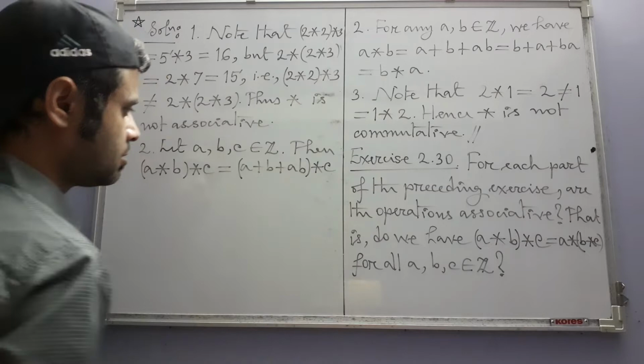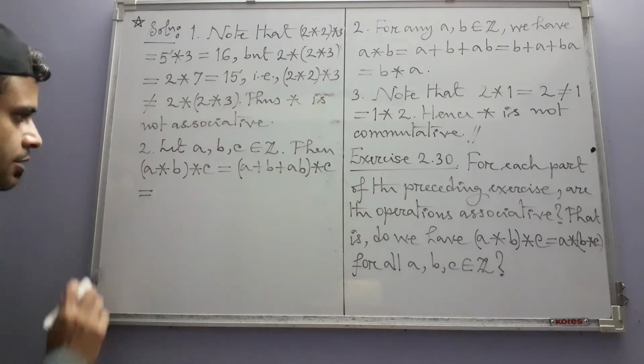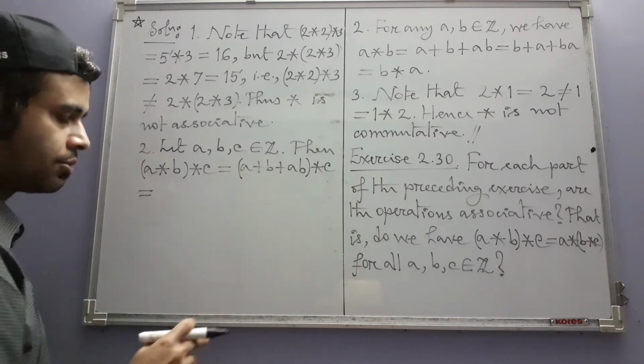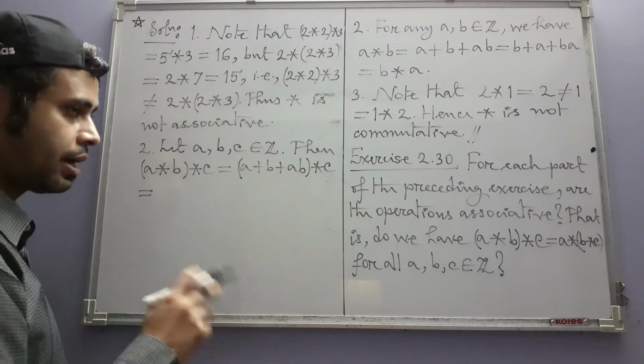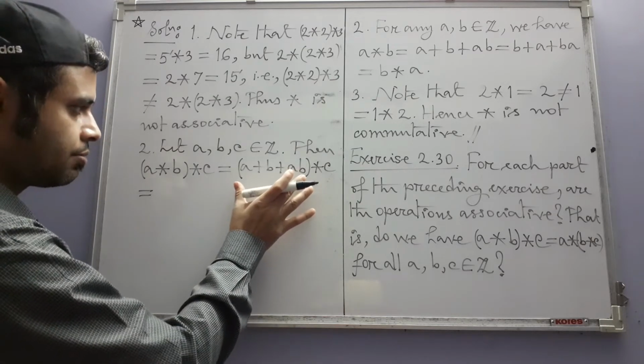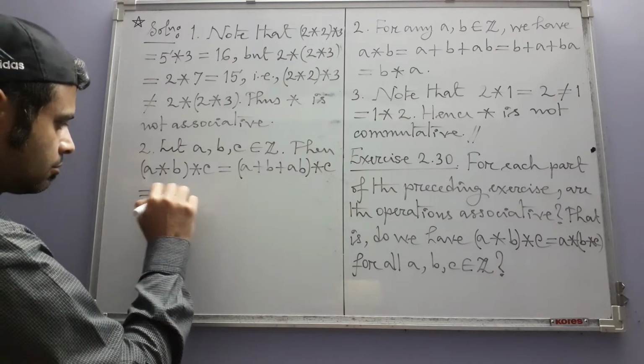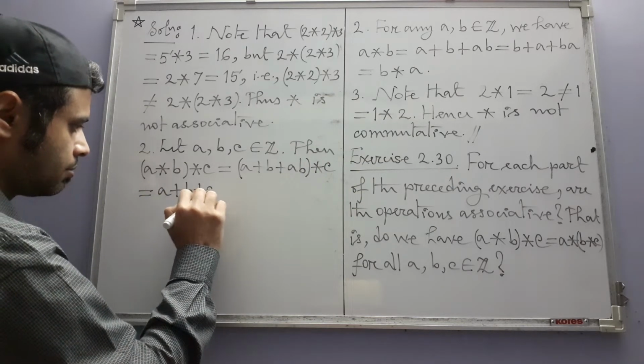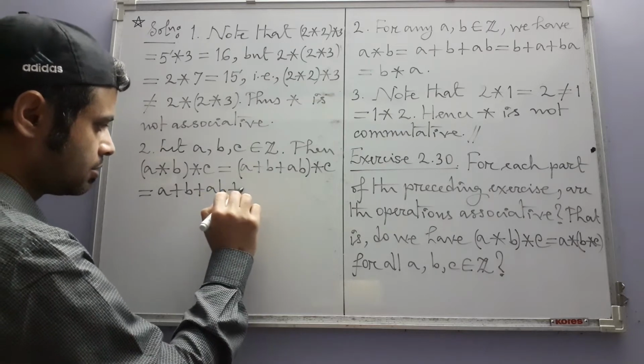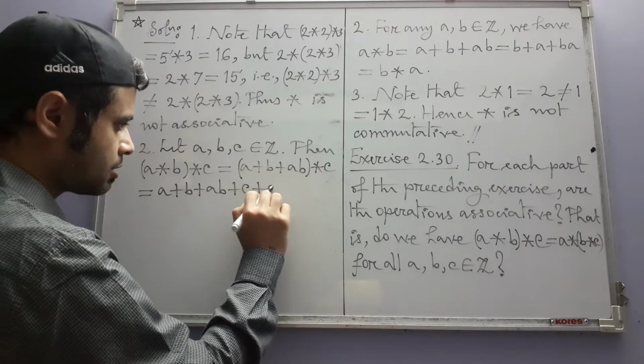Then star C. Just like we have to add the two numbers and their product, so here we have to add these two and their product. This integer plus C plus their product.